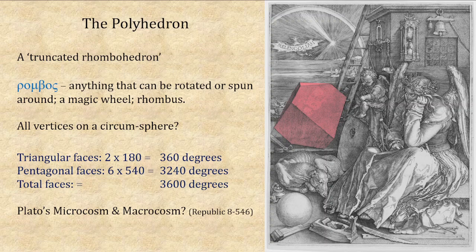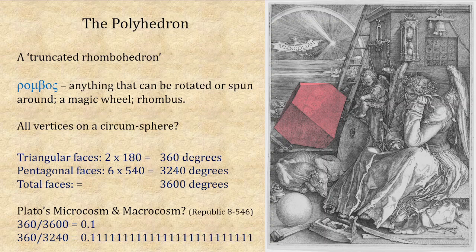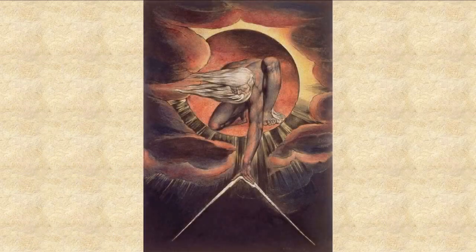Personally, I like the fact that the ratio of 360 to 3600 is 0.1, and 360 to 3240 is 0.111111111, recurring forever. This seems to signify the unity of the divine, and possibly the relationship between God and man. Albrecht Durer was nothing if not pious, and his respect for the divine architect was immeasurable.